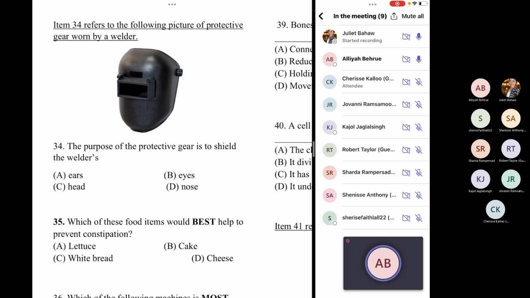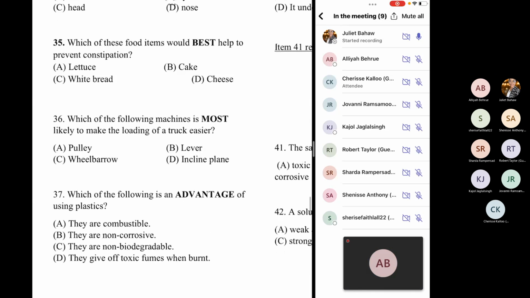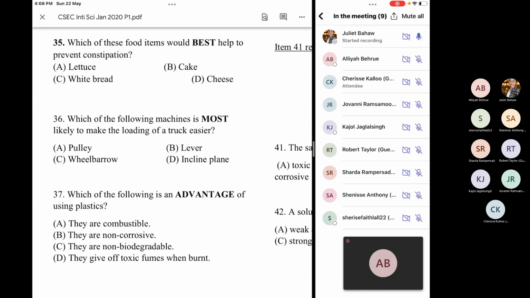B. Which of these food items would best help to prevent constipation? C. White bread. Lettuce, right? Best help. You think of your vegetables, green vegetables, they have a lot of fiber. White bread, if it was like wheat bread or whole grain bread, that will have fiber, but lettuce is the best answer there.